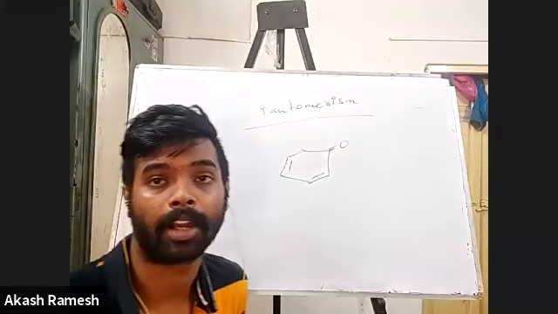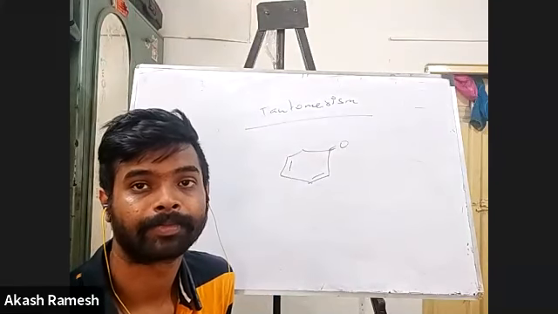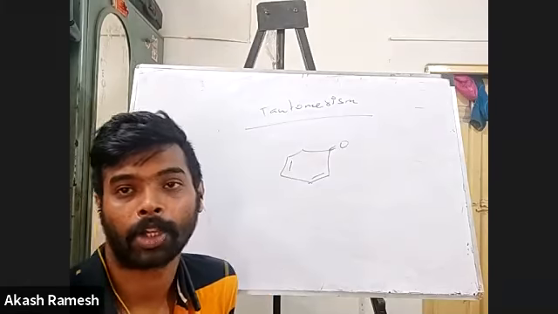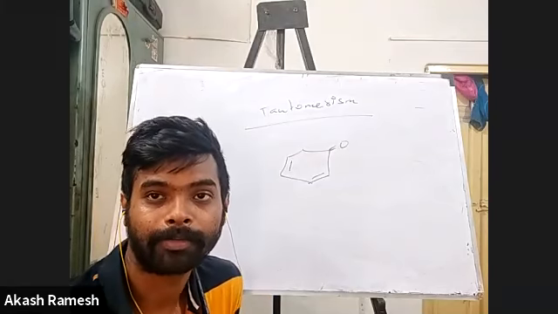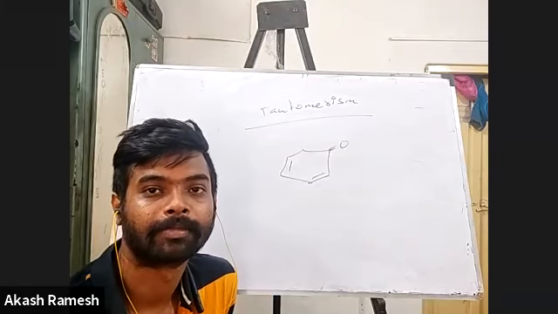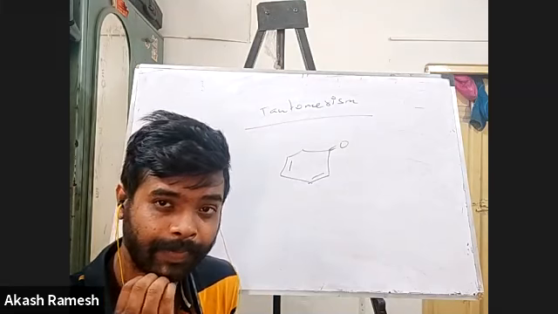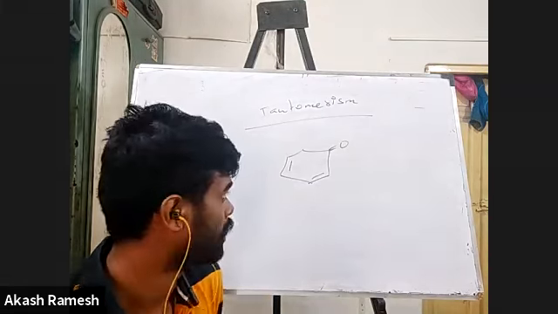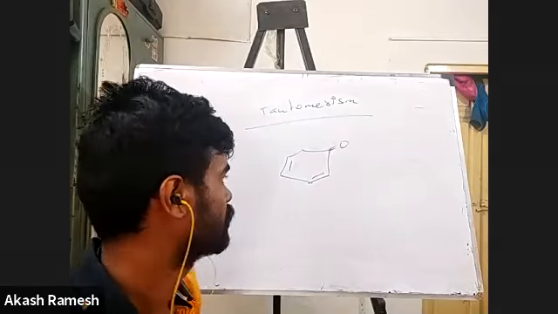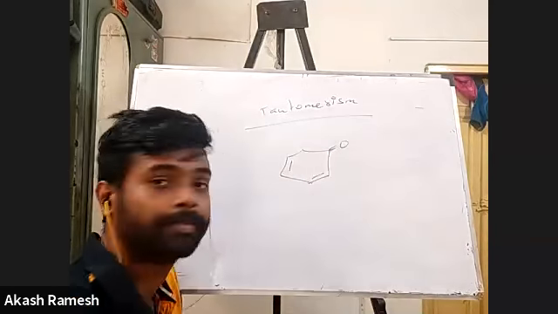When you try this, you are going to get a very familiar compound. And you have a doubt, right? Sir, I have two positions, one is here, one is here.